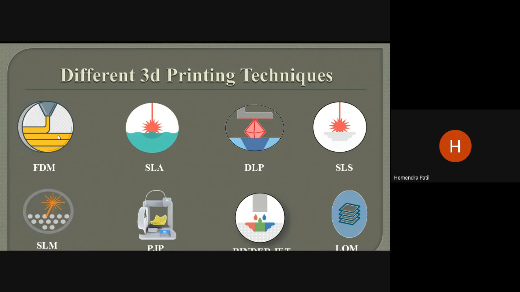In PolyJet printing, we use plastic powders which are bound together. In binder jetting, we use powder particles of metals, ceramics or different composites. These are the processes with their materials. In LOM, we use paper, or plastic or metal laminated sheets, which are fused together using heat and pressure to form a particular object.